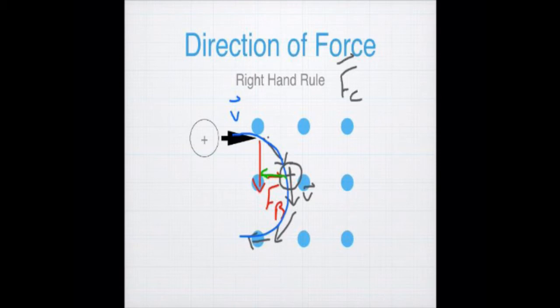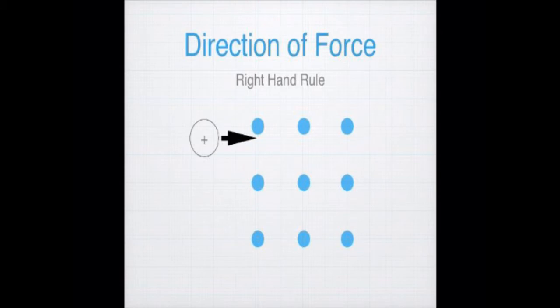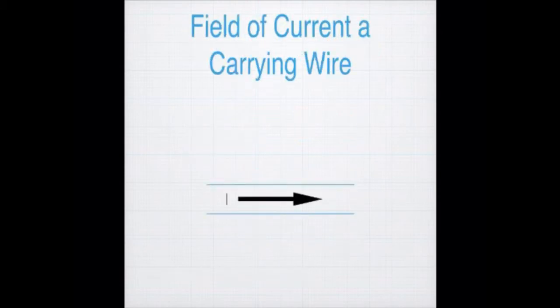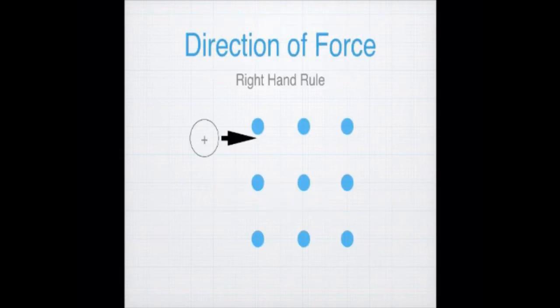The centripetal force is equal to the mass times the centripetal acceleration, and centripetal acceleration is equal to v squared over r. Now, what about if I have a negative charge?